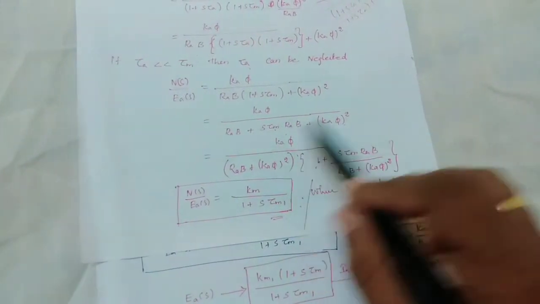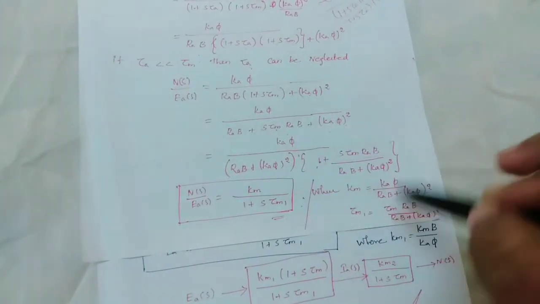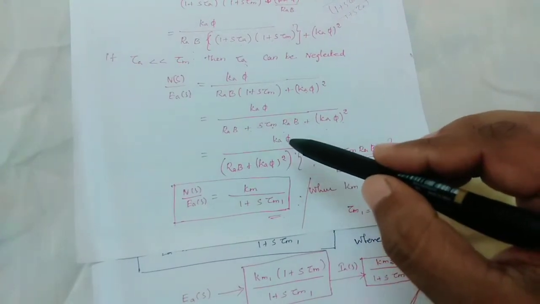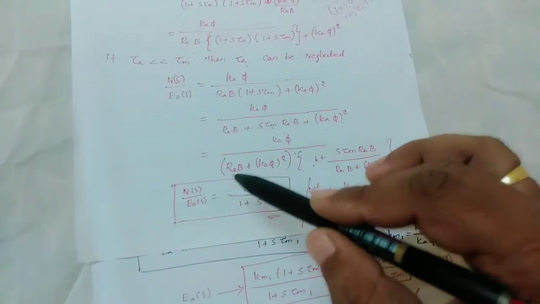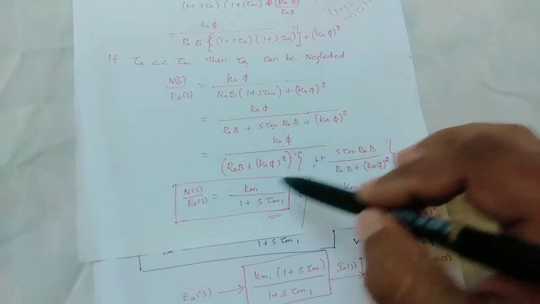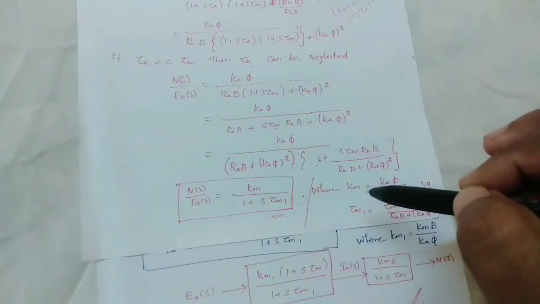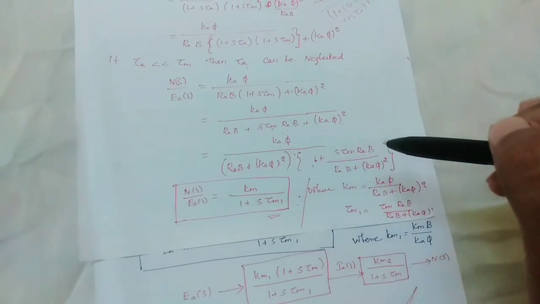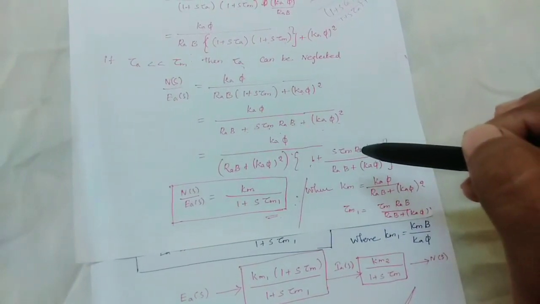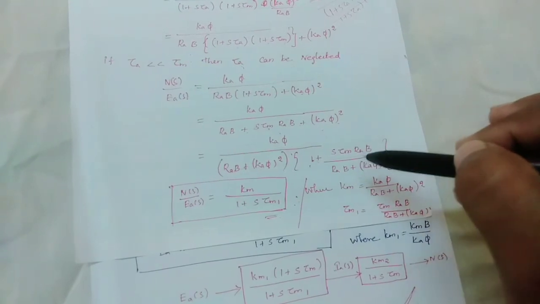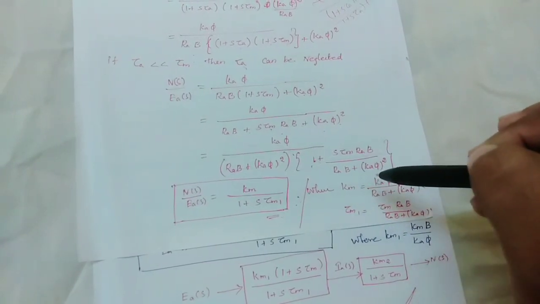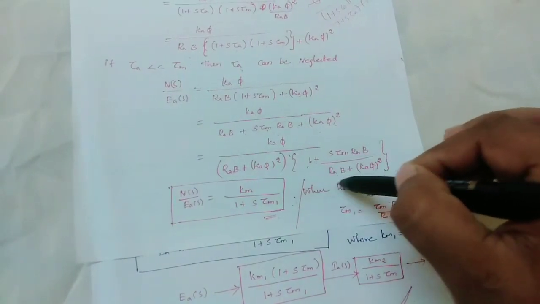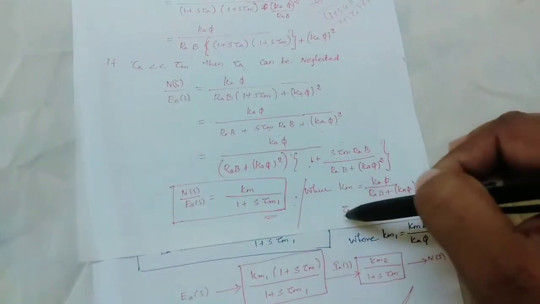From the above equation we make some simplifications. The entire term, Ka pi divided by RAB plus Ka pi the whole square, will be taken as Km, and the remaining term, 1 plus tau m RAB divided by RAB plus Ka by the whole square, will be taken as tau m1.